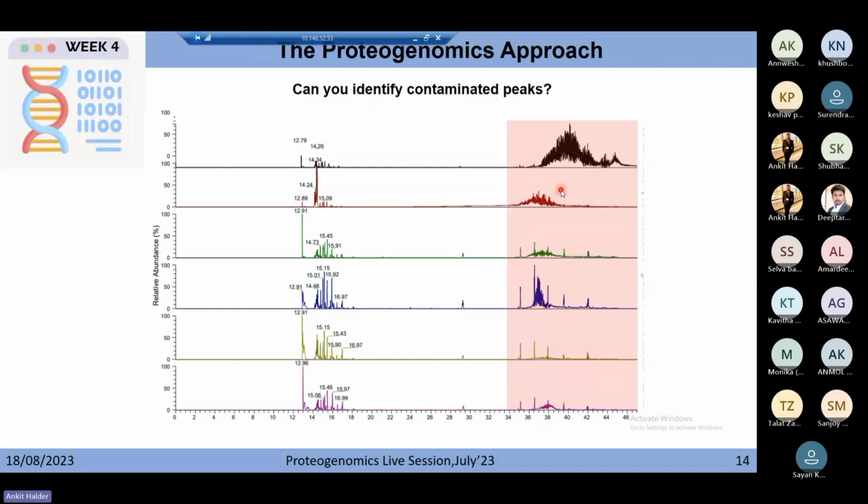You need to clean up your system and then you can run and line up. This is how you can identify contaminated peaks: if you look at the end of the chromatogram and see any issues or problems, you can work on that accordingly.